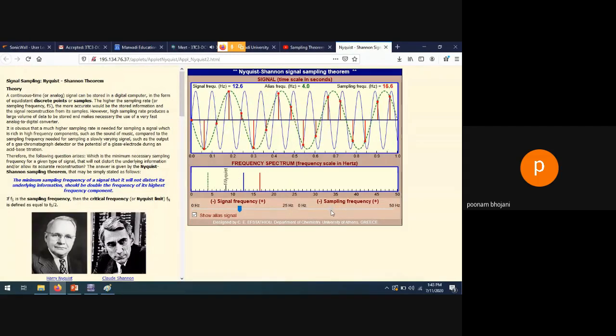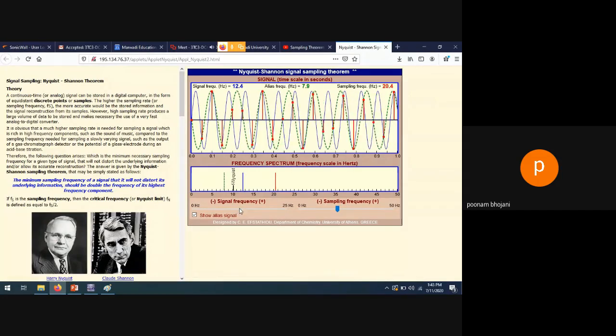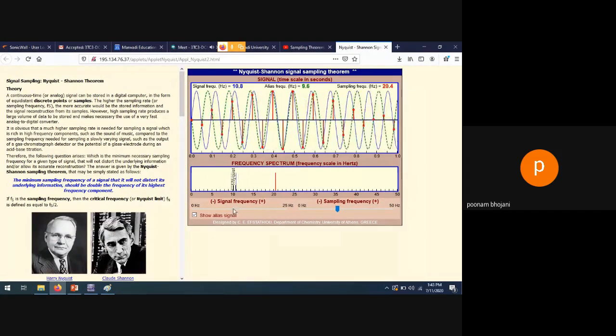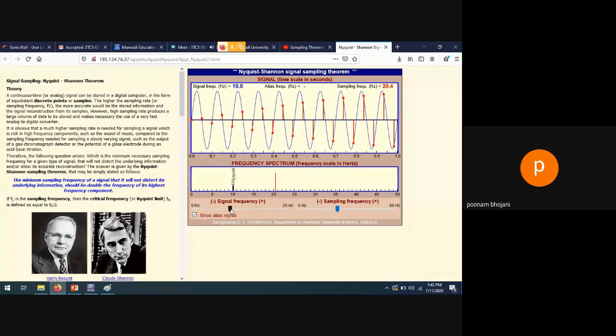Now I want to see that if I increase or decrease the signal frequency, how much sampling frequency will give proper reconstruction at the receiver side. So let me set the signal frequency to 10 hertz.